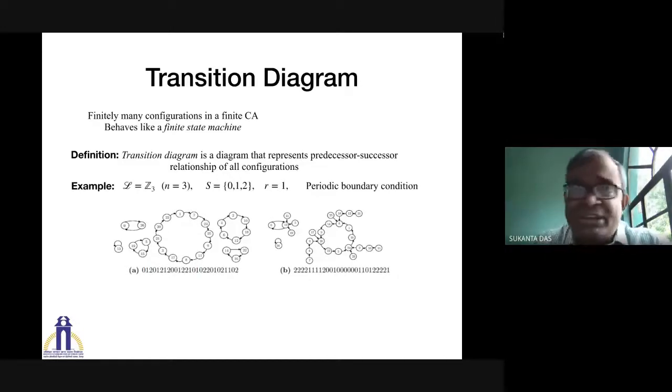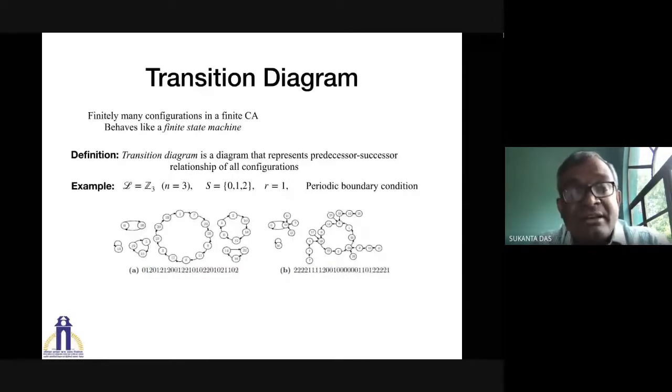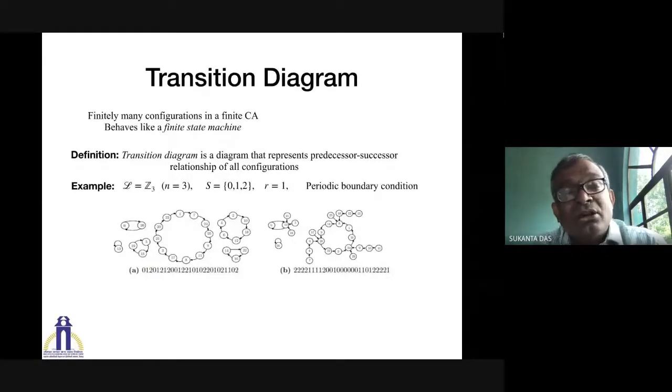All the configurations form a cycle. They are in some cycle, and 1, 2, 3, 4, 5 cycles are there. And one configuration can be reached from another configuration only.